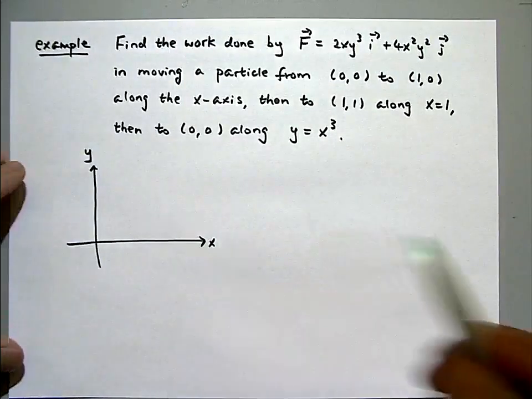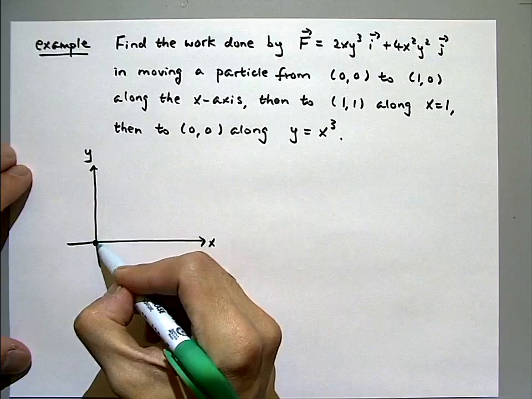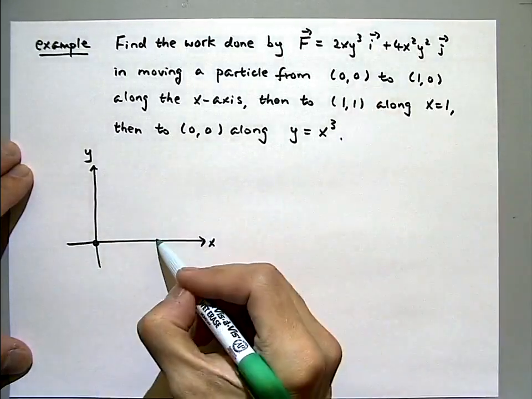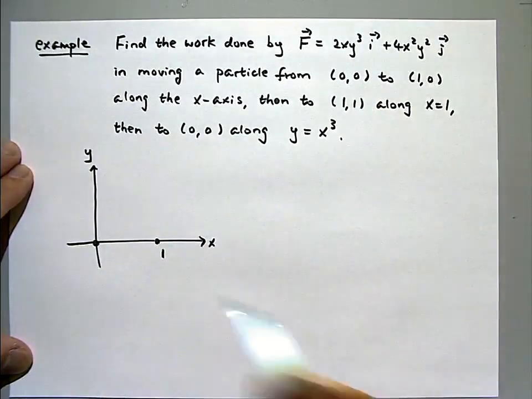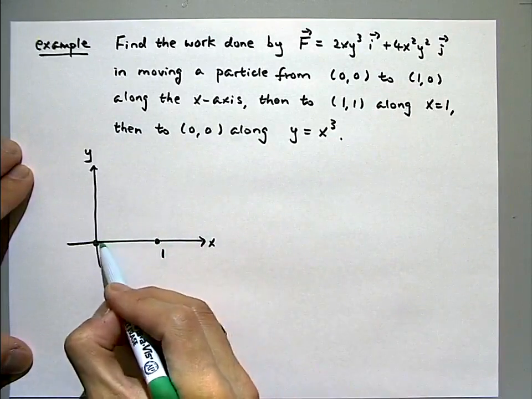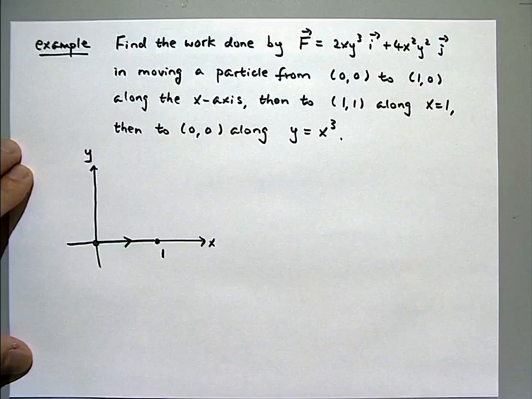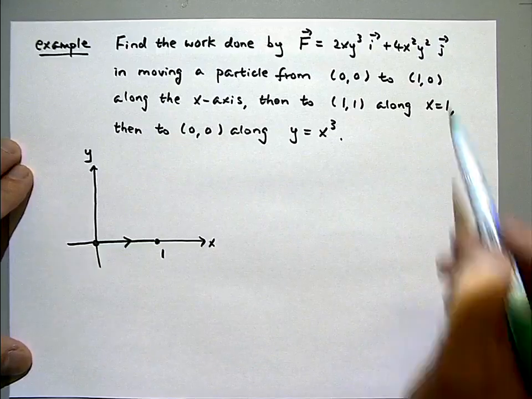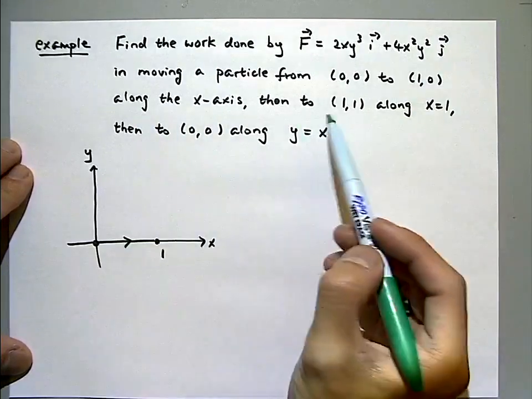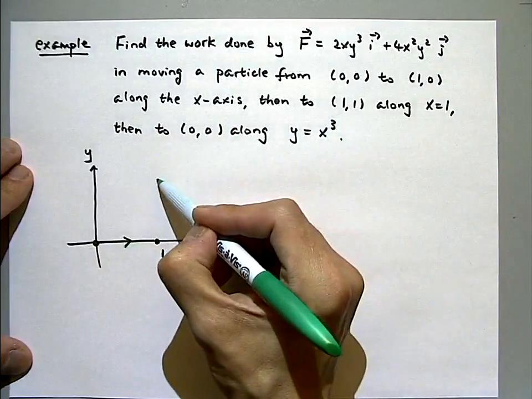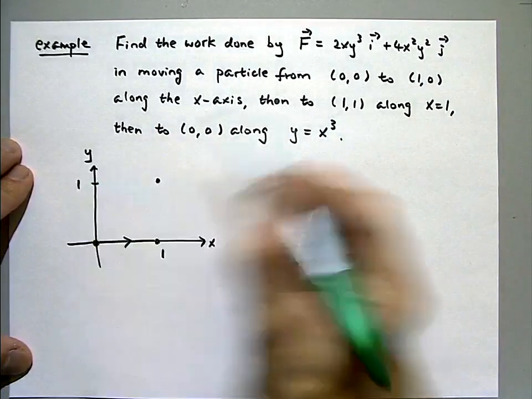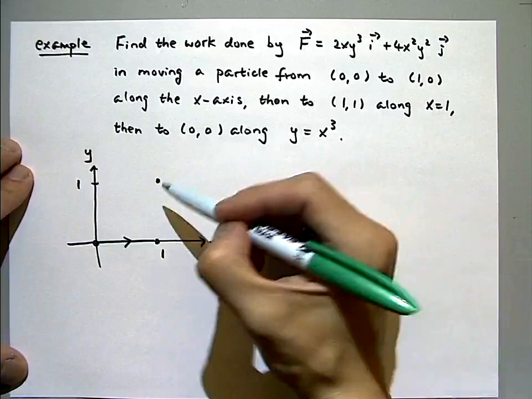All right, let's take a look at how we're doing this. We're starting at 0, 0, going to 1, 0. And we're going to move along the x-axis. So that's the first leg of the trip. Once we got there, we're going to go up to 1, 1 along the curve x is equal to 1.